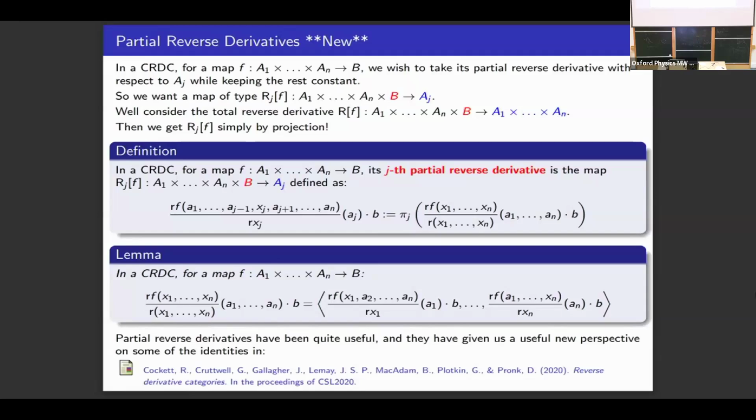The proof is automatic, but something quite neat is that for reverse differentiation this is automatic, whereas for the lemma I showed for forward differentiation, there were some calculations to do. So that was a neat little mismatch that we observed. And as I mentioned at the start, partial reverse derivatives, while obvious and easy to define, have actually been quite useful when revisiting some of the results in the original paper.